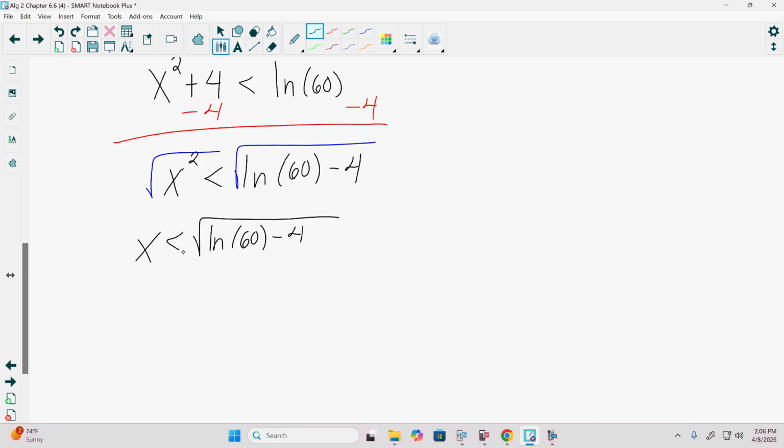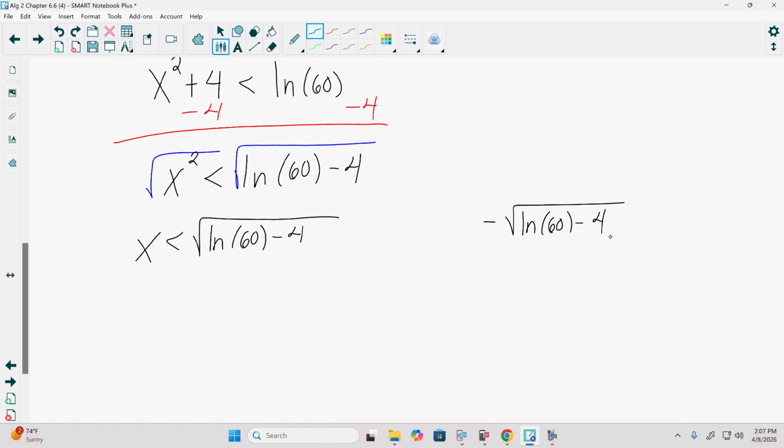Less than. But when we take the square root of both sides, we have to add the what? Plus or minus. So yes, x is indeed less than the square root of the natural log of 60 minus 4. But the other side, the square root of the natural log of 60 minus 4, can also be negative, because when we square root both sides, we have the plus or minus.